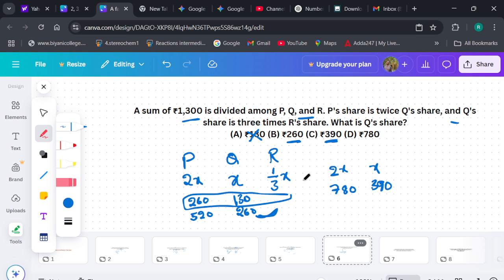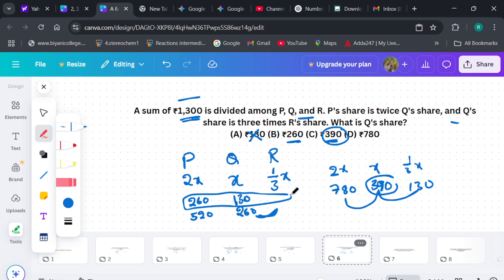Okay, this has chances. Overall it has to be 1300. Now this is one third of x. One third of this will be equal to 130. Okay, so what I will do? 8 plus 9 is 17, plus 3 is equal to 0. So it is equal to 1300 anyway. So I can say the answer is 390.